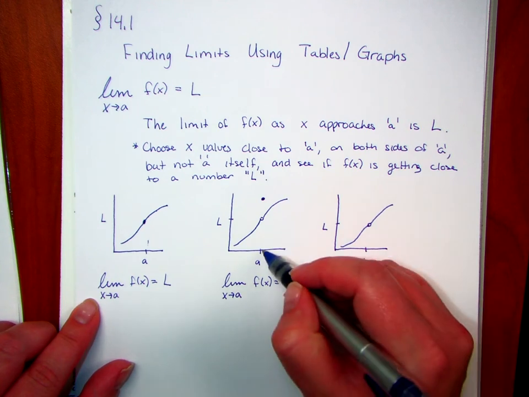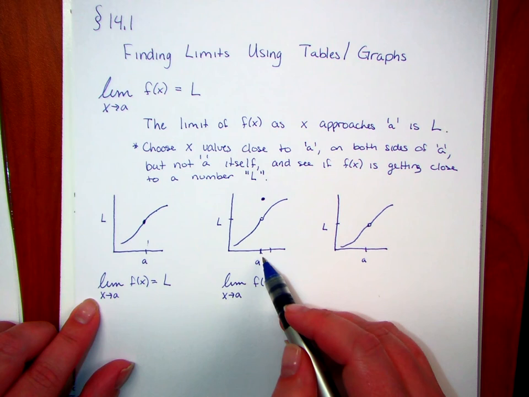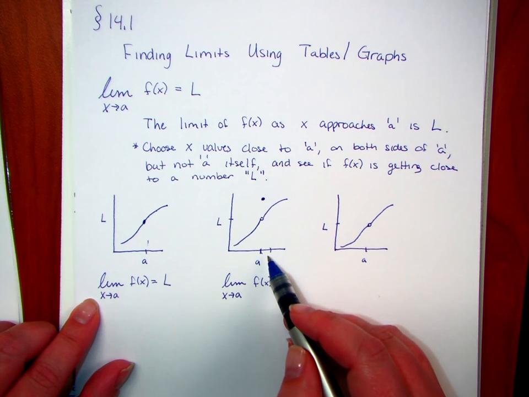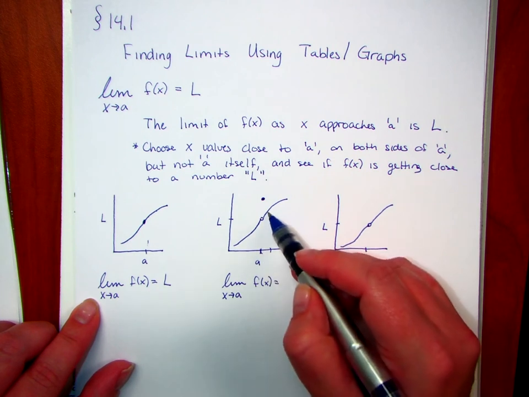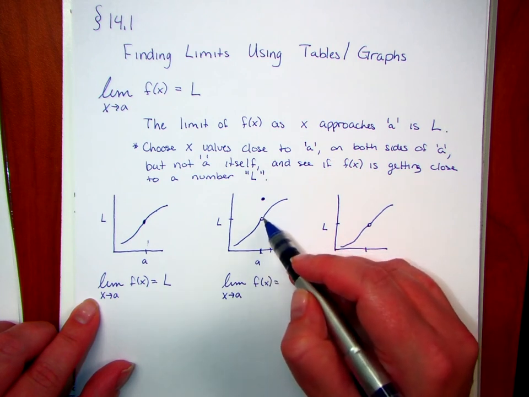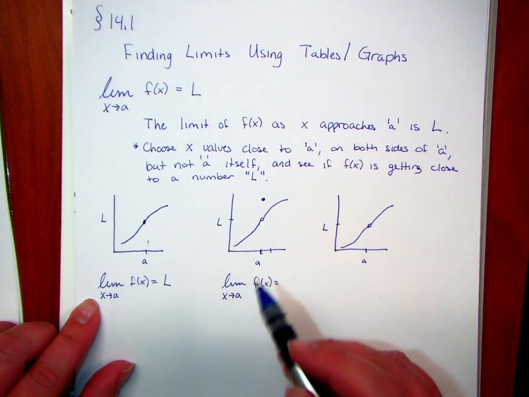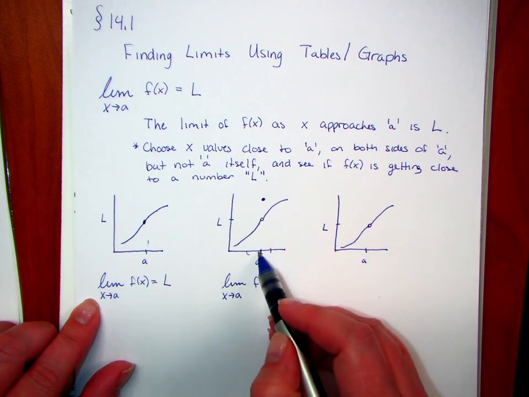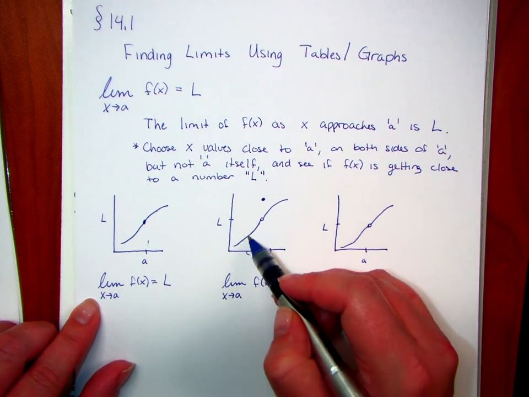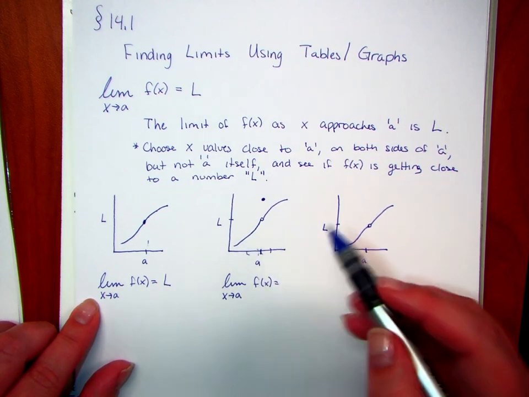If I were to choose x values greater than a, those function values would be approaching L. They're approaching this hole. And if I were to choose x values less than a, the function values would increase to this number L.